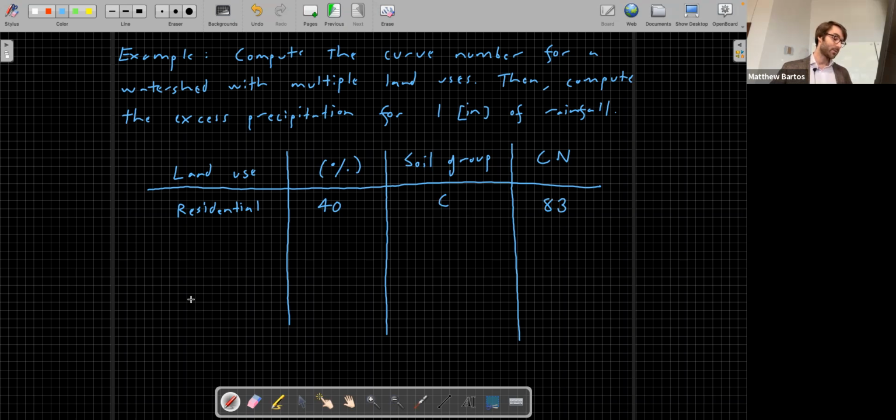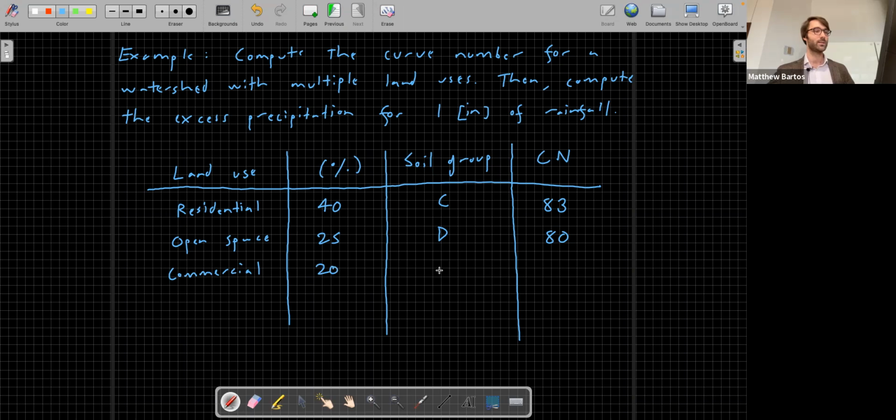Okay, we have 25% open space in good condition. So this is about 25% of our watershed, soil group D, and its curve number is 80. The third is commercial space. This will be about 20% of our watershed.